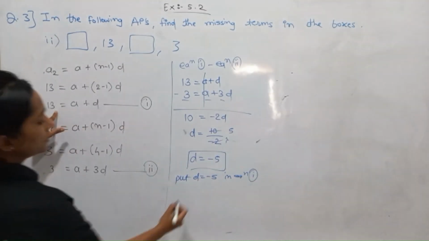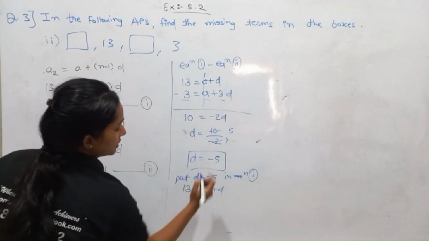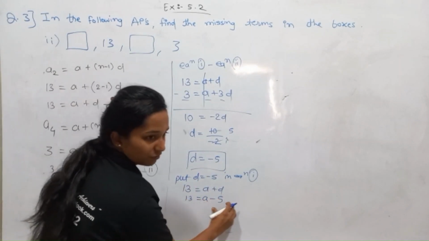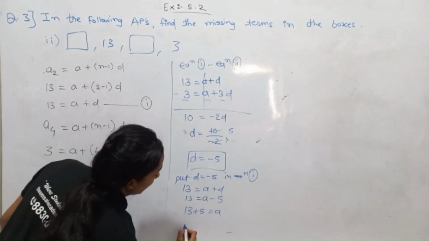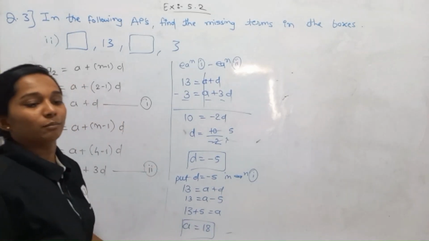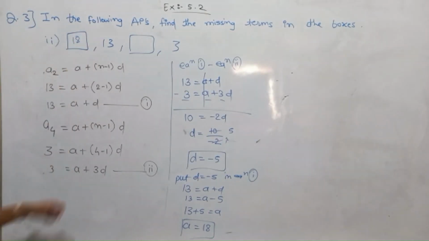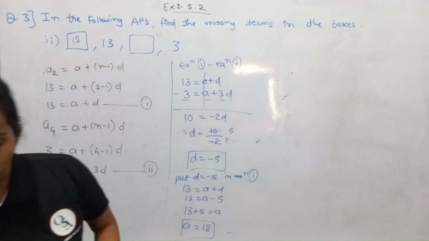Equation number 1 is 13 equals A plus d. The difference is minus 5, so this minus 5 shifted to the LHS becomes plus 5, equal to A. A is nothing but 18. See, this is how I got my first term A. So my A is 18. Now I have to find out A3. Okay, so let's see.